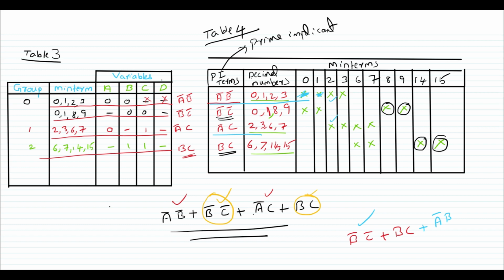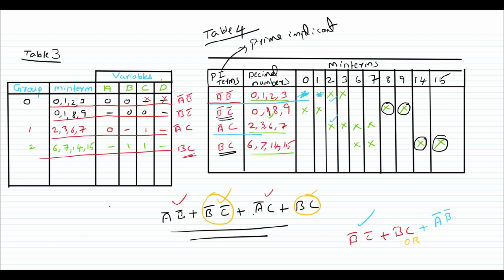So our answer should contain either A bar, B bar or A bar, C, because 2 is available in A bar, B bar and A bar, C.